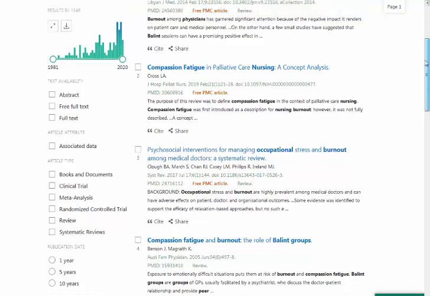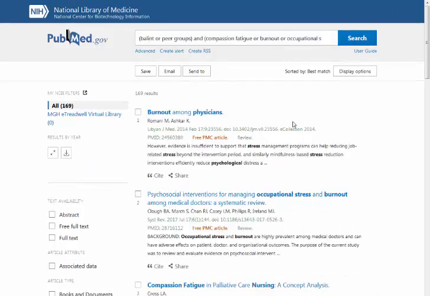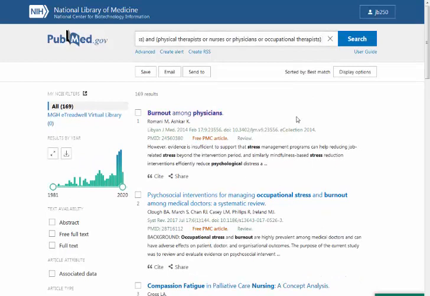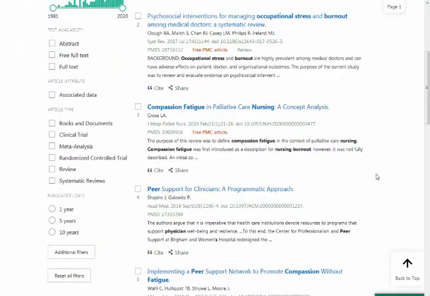Let's try it. It definitely let a few more into our results. Let's keep scrolling. Oh look, here in number 4 is the term peer support.